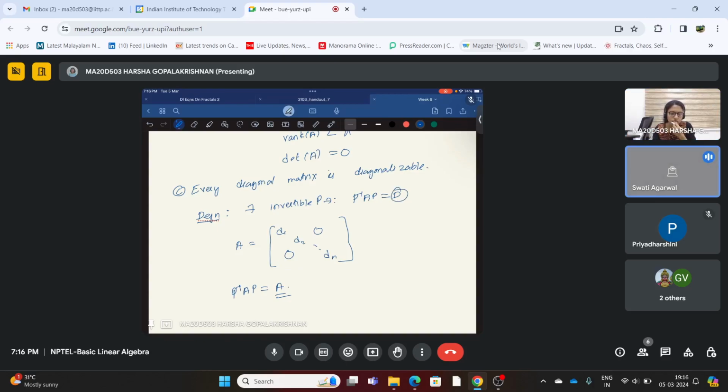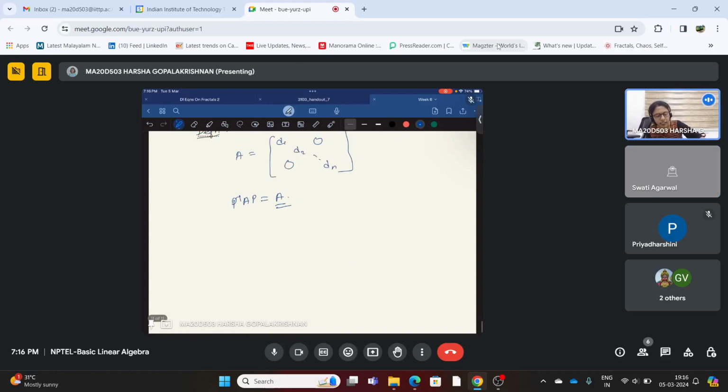Like if we can just move the P and P inverse to the right side, then... okay, what about identity? It should work, right?